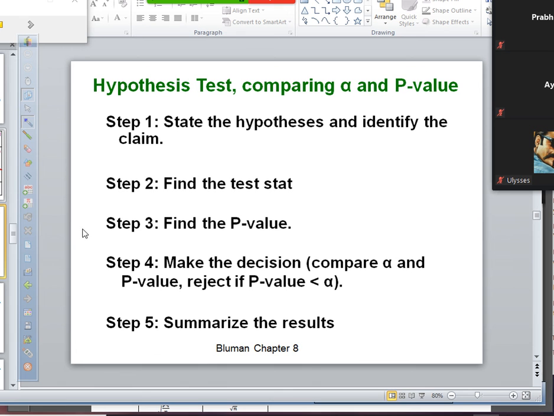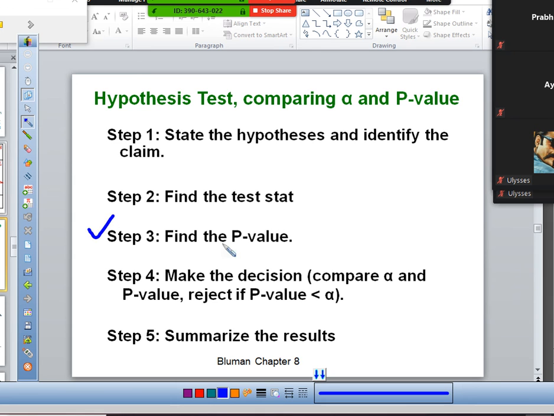And then you find your p-value based upon your test stat, and you do that using the calculator, the stat tests. And then step 4 is different because instead of drawing a picture and seeing whether you fall in the guilty or not guilty range, it's going to be comparing alpha and the p-value.